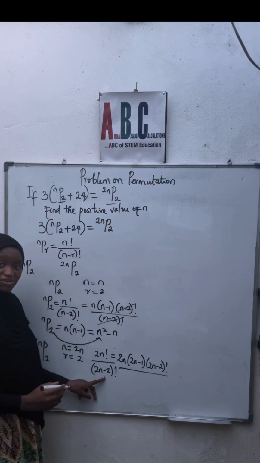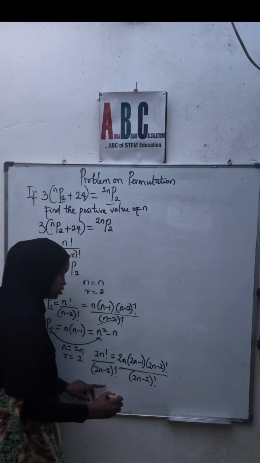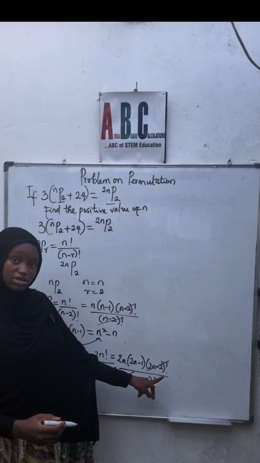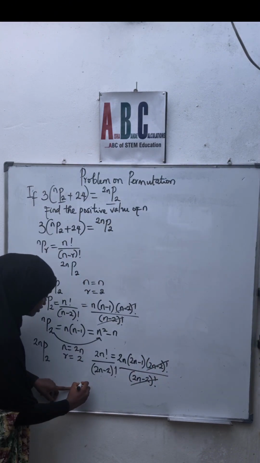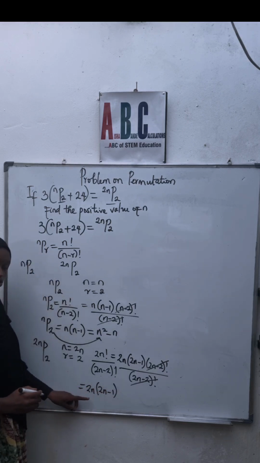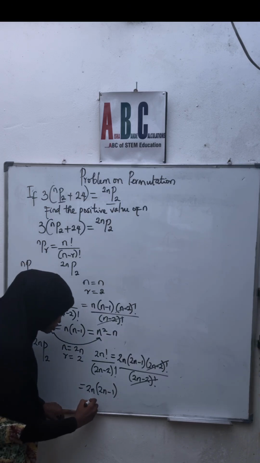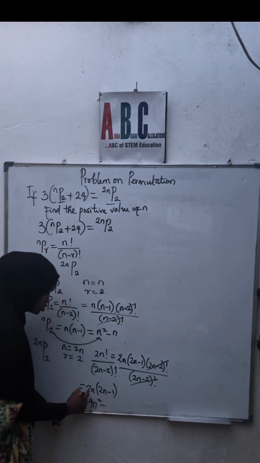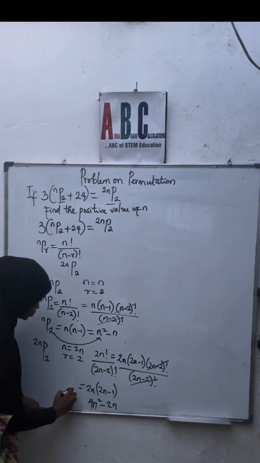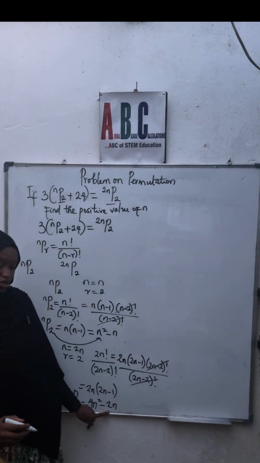The (2n minus 2) factorial cancels out, so what we are left with is 2n(2n minus 1). Let's expand this bracket. 2n times 2n gives us 4n squared, minus 2n times 1 is 2n. So when we simplify 2nP2, it gives us 4n squared minus 2n.